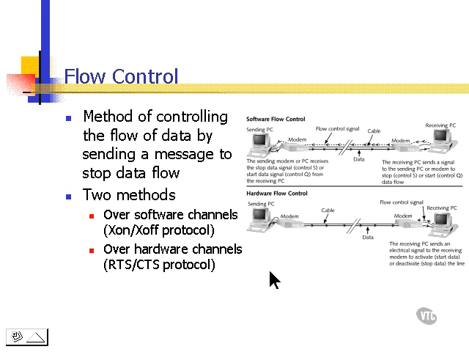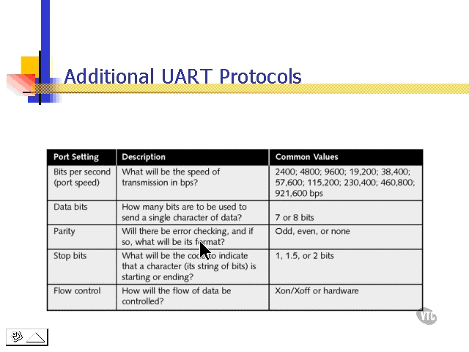Other properties that can be controlled with a UART include parity. In other words, will there be error checking or not? Stop bits. What will the code be to indicate that a character is starting or ending? And data bits.